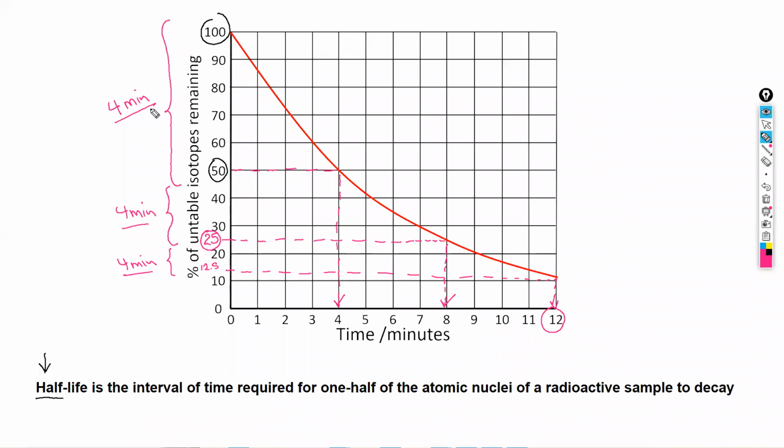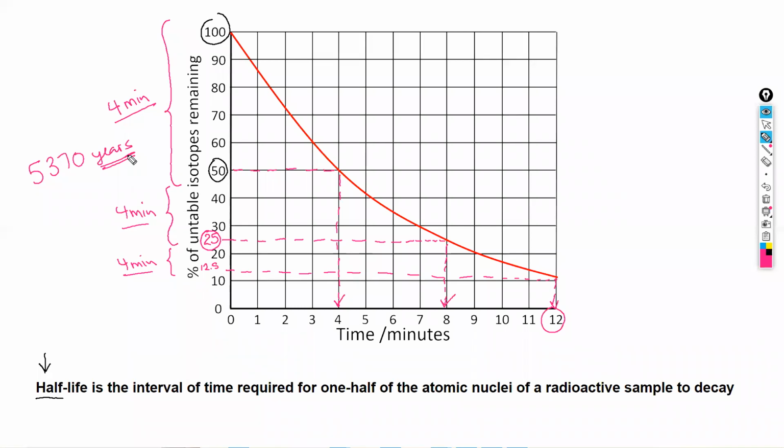Now, some substances have a very large half-life. For example, something called carbon-14. Carbon-14 has a half-life of roughly 5,370 years. Try to imagine that figure.